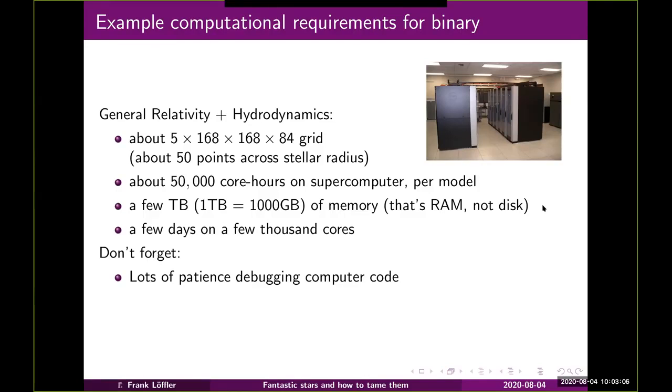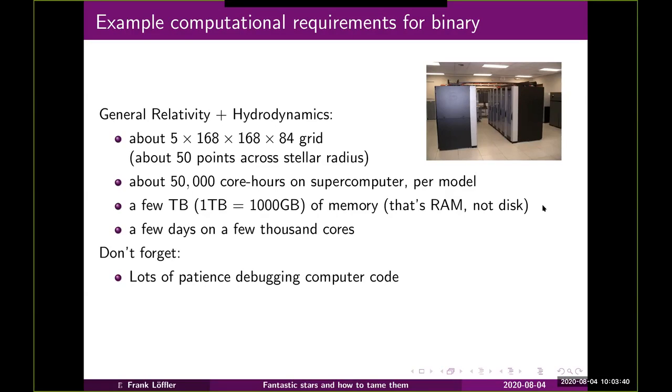So you need essentially mesh refinement to have a high resolution inside the star, and to be able to at the same time put the outer boundaries so far away that you don't have a strong influence from the boundaries. So you need a few mesh refinement levels and a grid that's about 100 or 200 cubed or something like that. So that at the end you get about 50 points across the stellar radius, and that's quite coarse still, but it's just one estimate, right?